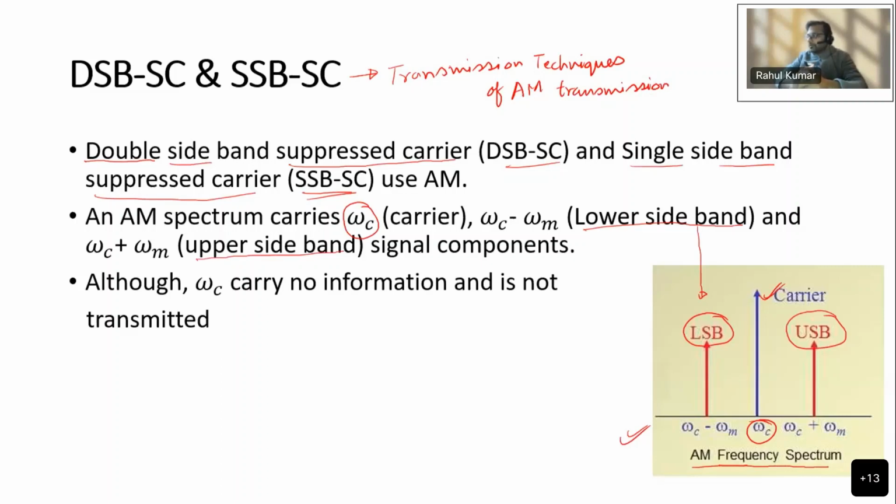In amplitude modulation, the amplitude of the carrier wave is changed according to the message signal. Either you increase the amplitude or you decrease the amplitude according to the message signal.